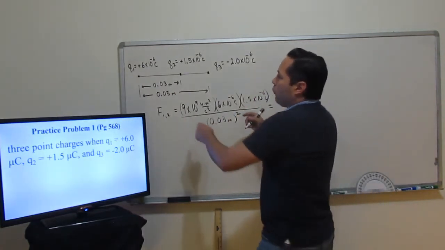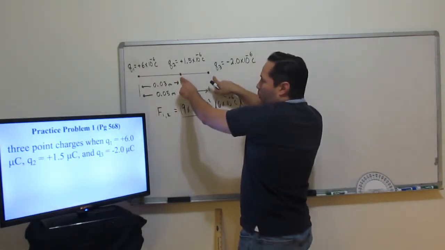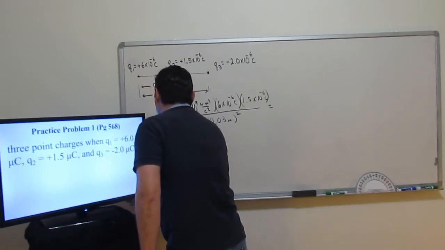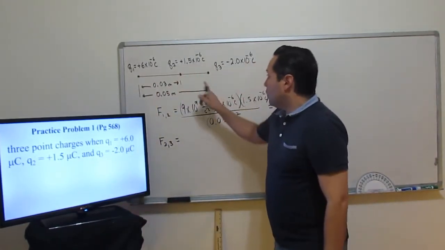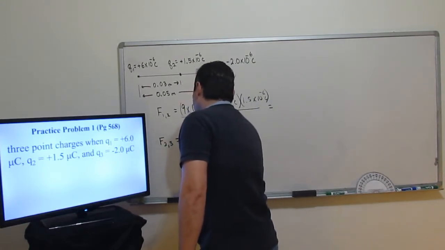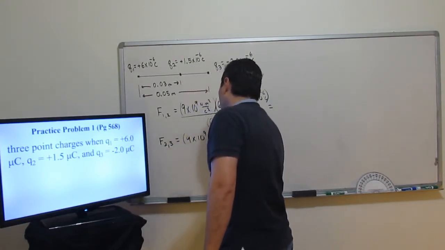Next, I need to solve for the force between 2 and 3. So I'm going to put force 2, 3, so that I know which one I'm talking about. The force between 2 and 3 is going to use the same constant. It is a constant, it does not change.